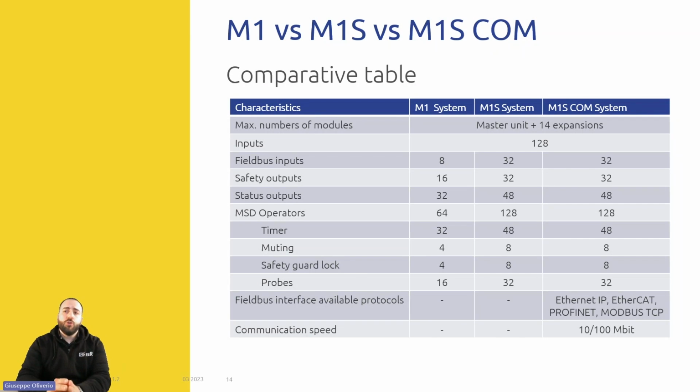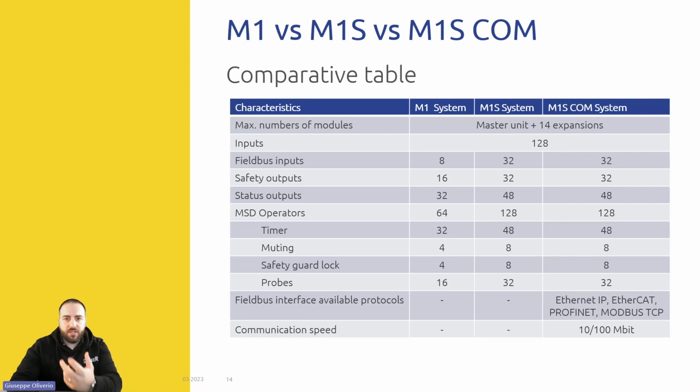These allow you to manage up to 128 inputs, up to 48 status outputs, up to 32 OSSD, and a little description of what we have here. So 128 physical inputs. We are not talking about the EDM or reset inputs. We are talking about the inputs, so safety devices.